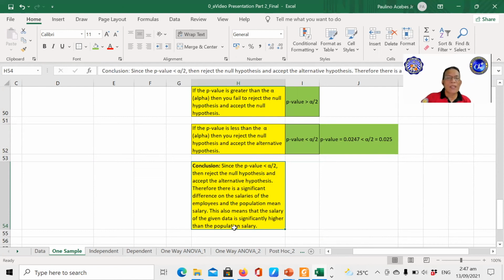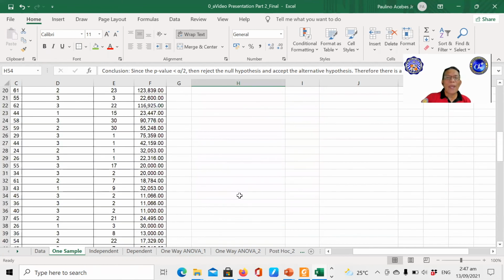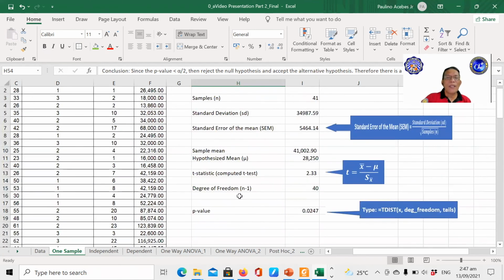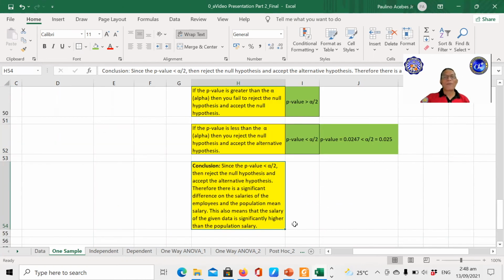This also means that the salary of the given data is significantly higher than the population mean salary, because the sample mean is 41,000 and the hypothesized mean is 28,250. You notice that the sample mean is greater than the hypothesized mean.